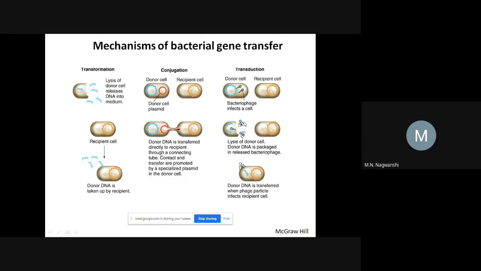So the bacterial cell undergoes lysis, and these released bacteriophages infect another bacteria, and again they transfer the genetic material. So the donor DNA is transferred when the phage particle infects the recipient cell.